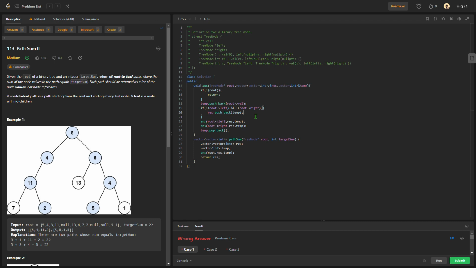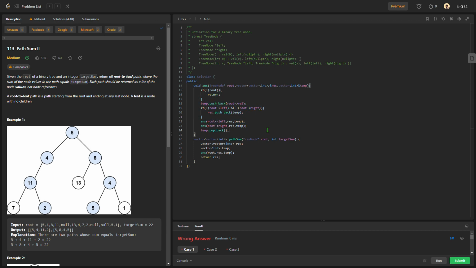Hence, push back all the values up till now into my 2D vector of resultant. Then we iterate over the left of that node and then the right, and after doing all this we pop it back, and that is it. So that is the backtracking approach of iterating over my binary tree.